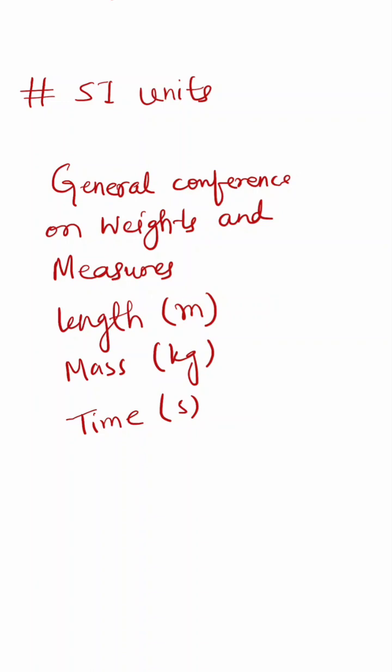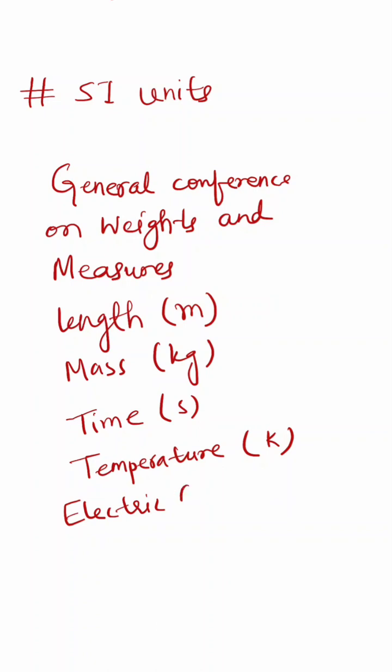But as we progress along, we come across other base quantities, for which SI units are defined. For example, temperature is another base quantity, and its SI unit is Kelvin. Similarly, electric current is another base quantity, its SI unit being ampere.